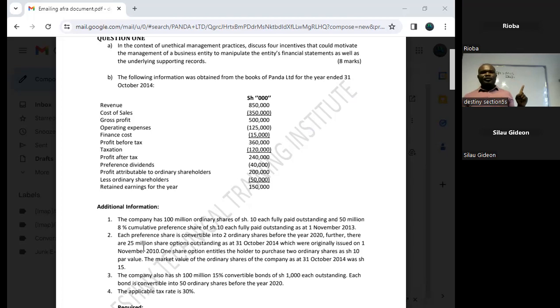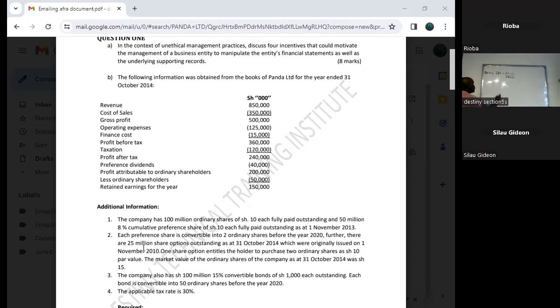That was the opening. When you read note 2, those preference shares were convertible, but there was no conversion, meaning there will be no changes in shares. Note 3 as well, there were convertible bonds, but nobody converted. There was no conversion in this question. So it means the opening shares are the ones which were there throughout the year, the opening ordinary.